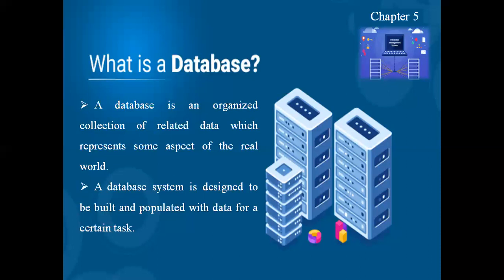One of the most common data structures is a database table. You all know what a table is. It consists of rows and columns. Each row is called a record or an object or entity.